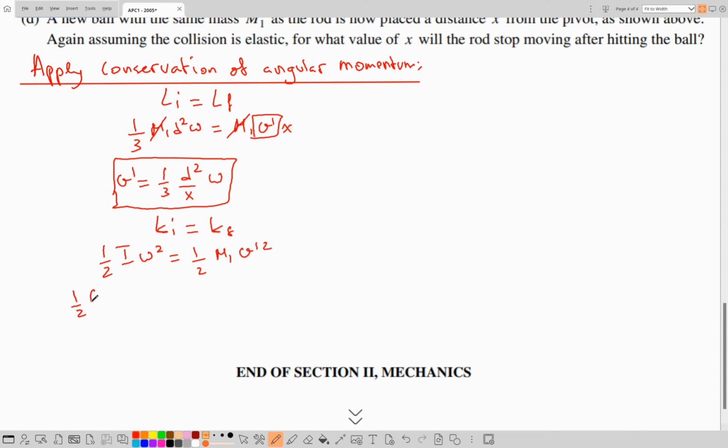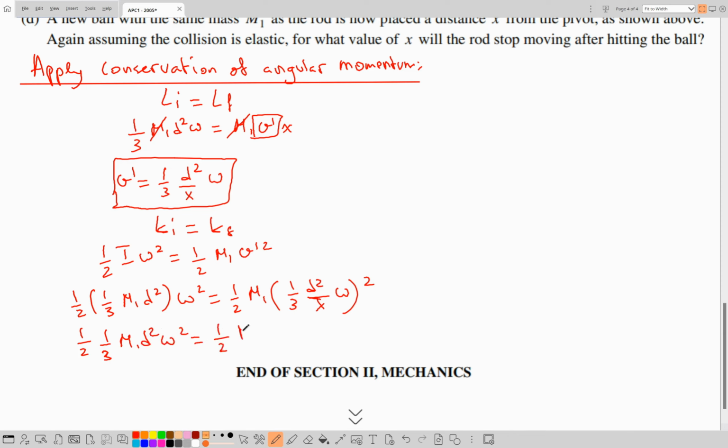So half 1 over 3 m1 d square omega square is equal to half m1 times (1 over 3 d square over x) squared omega square, which is half m1 1 over 9 d to the power 4 over x square omega square. Luckily omega square with omega square cancel, half with half cancel, m1 with m1 cancel, and 1 over 3 with 1 over 9 leaves again 1 over 3.